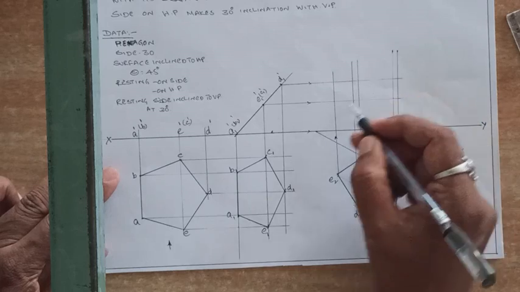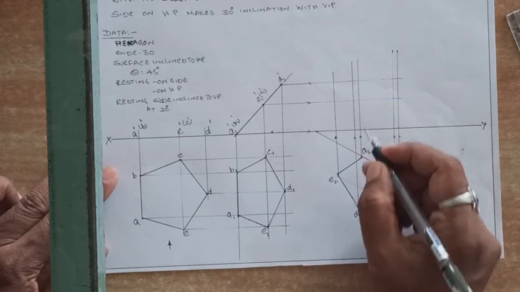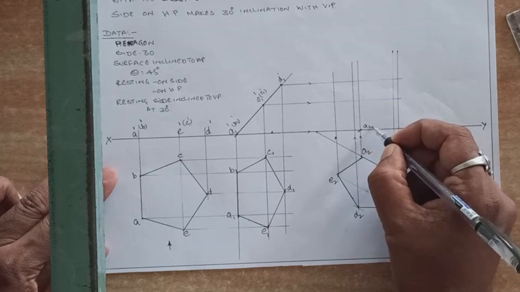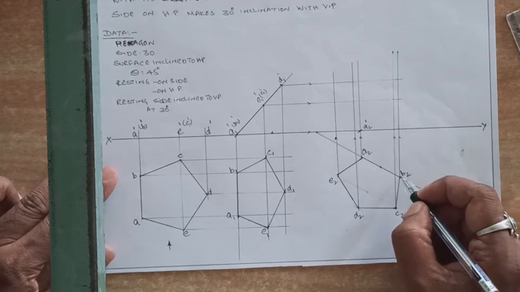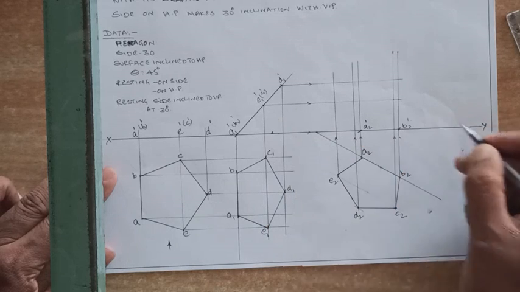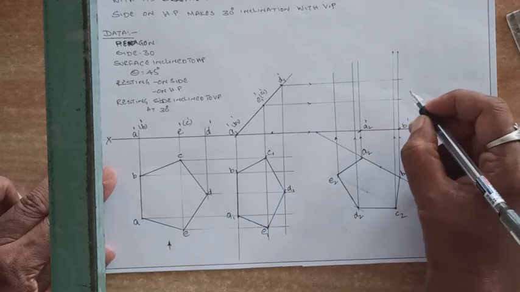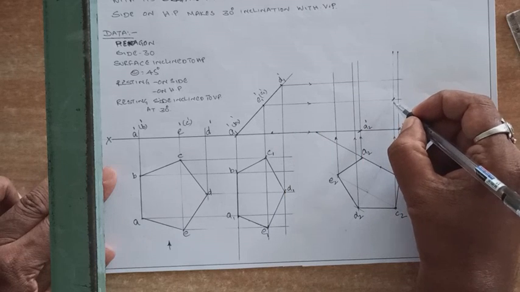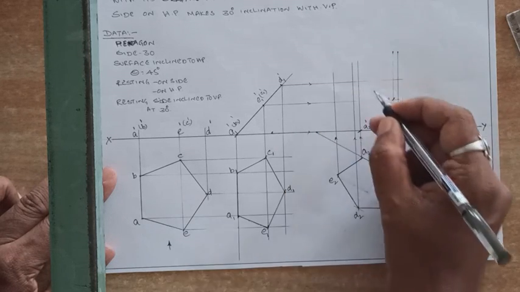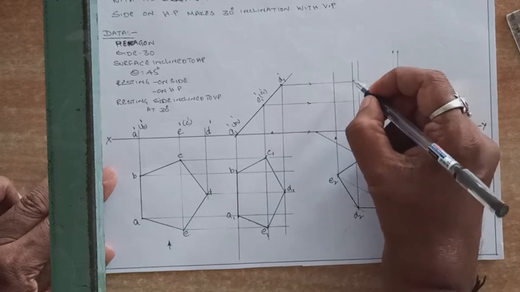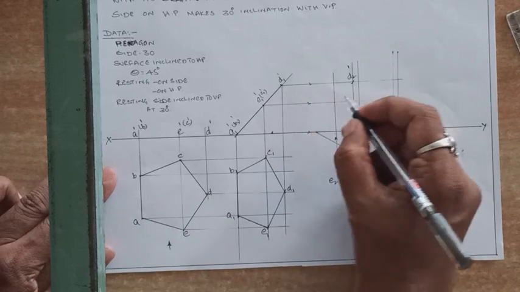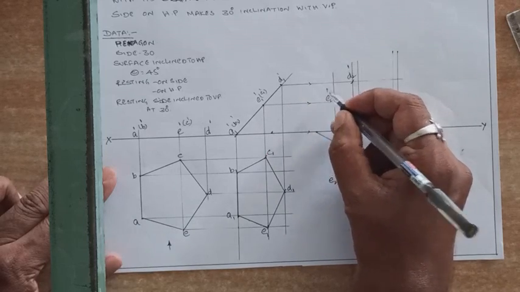A vertical, A horizontal, so now it is A2 dash. B vertical, B horizontal, B2 dash. C2 vertical and C1 horizontal, C2 dash. Again D vertical, D horizontal, D2 dash. E vertical and E horizontal, E2 dash.